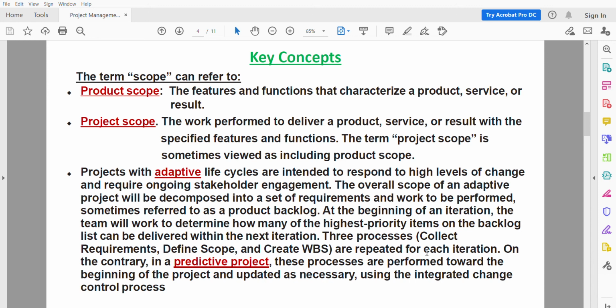Now we talk about some trends and emerging practices in project scope management. Requirements have always been a concern in project management and have continued to gain more attention in the profession.